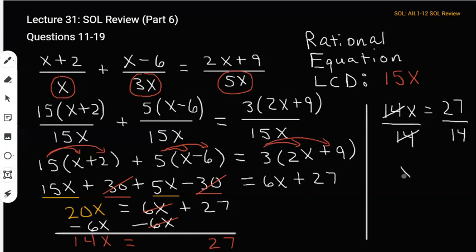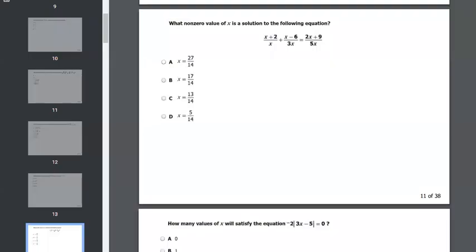So then if I cancel, I get 27 over 14. And I don't think I can divide that, so that's it. I'll put it in a set. So that is A.